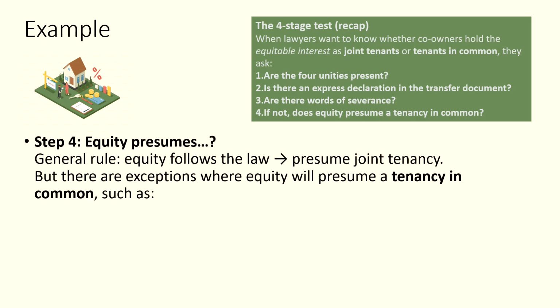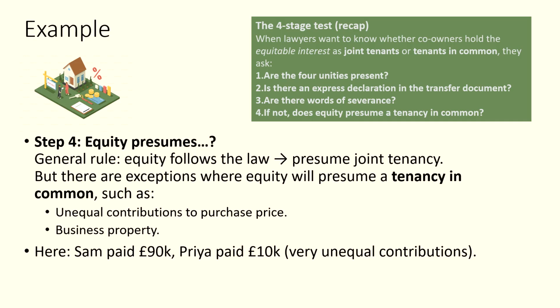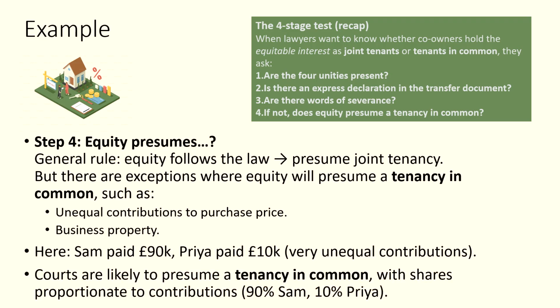And those exceptions are, for one, if there are unequal contributions to the purchase price, or if there's a business property. Now here we know there are very unequal contributions. Sam paid 90% of the deposit, and Priya much less, only 10%, 10k. So it's very likely that the courts might step in and say, no, we don't think this should be a joint tenancy because of those unequal contributions.